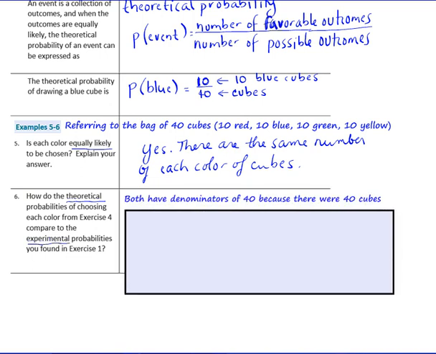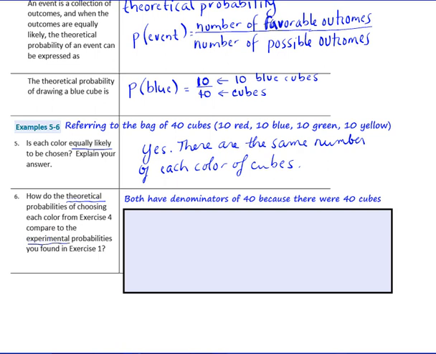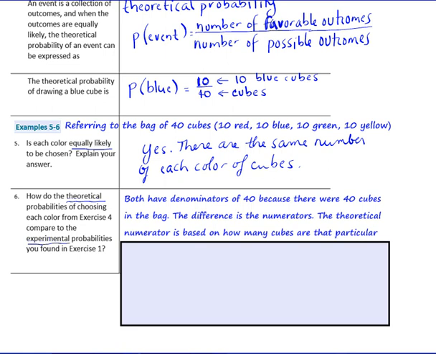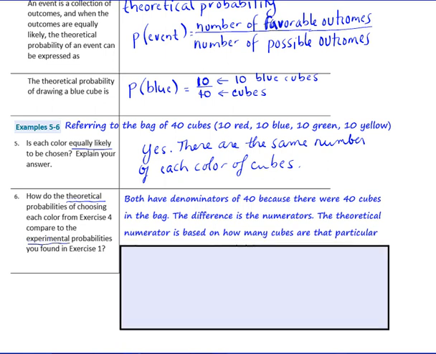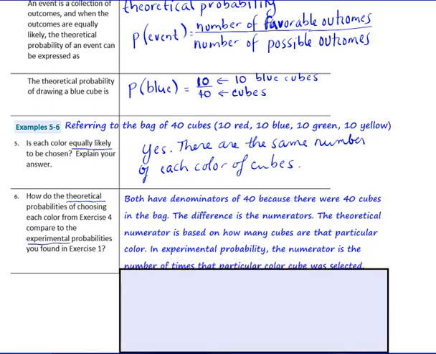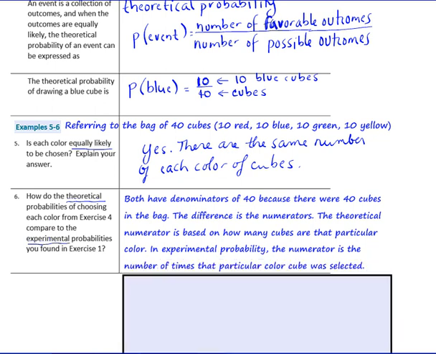So both of those have denominators of 40 because there were 40 cubes in the bag. The difference is the numerators. Theoretical numerator is based on how many cubes are that particular color. In experimental probability, the numerator is the number of times that particular color cube was selected. You may want to read through that a few times.